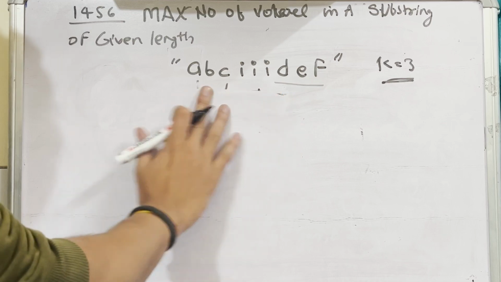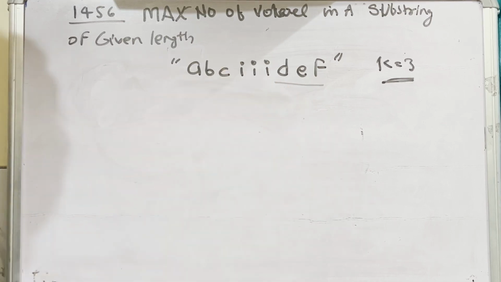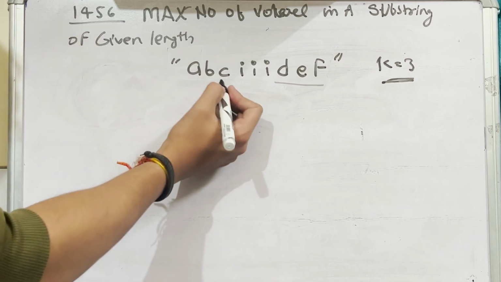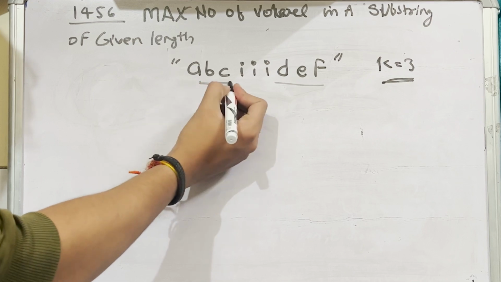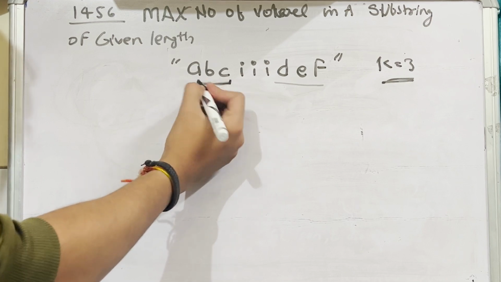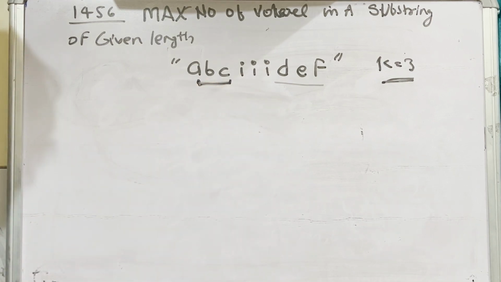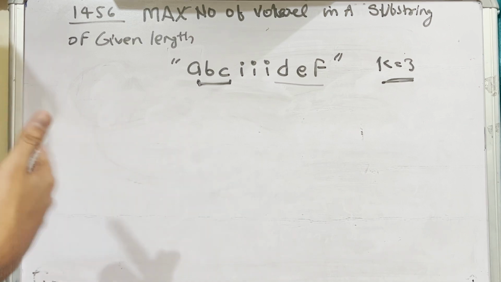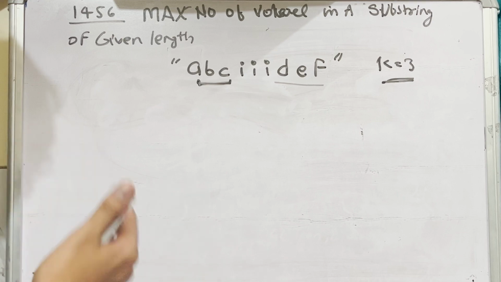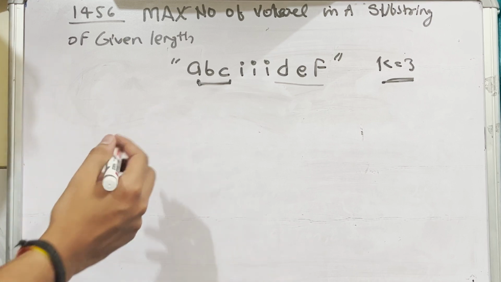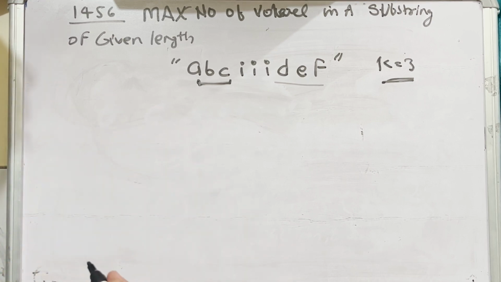And you have to find in those substrings what is the maximum number of vowels. So you make a substring of length 3, check how many vowels are there, and store it in a variable. Then you keep comparing with another substring and subsequently with every other substring. At last you'll have the maximum number of vowels in a substring.